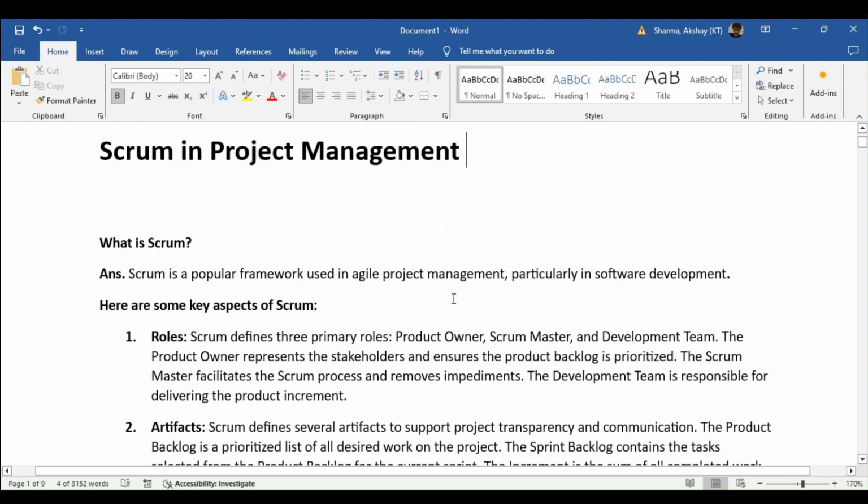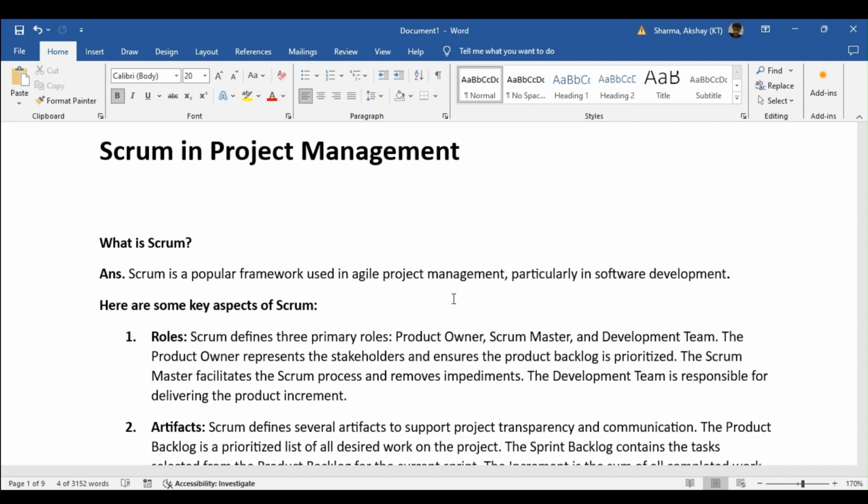As you see, Scrum is a popular framework used in Agile project management, particularly in software development. So this is what we are calling Scrum.